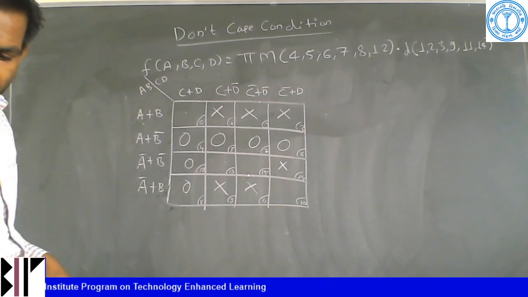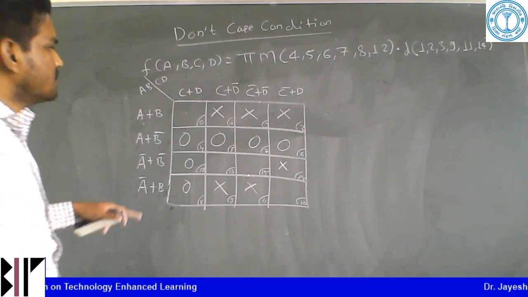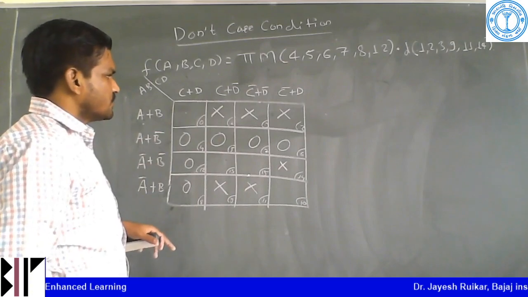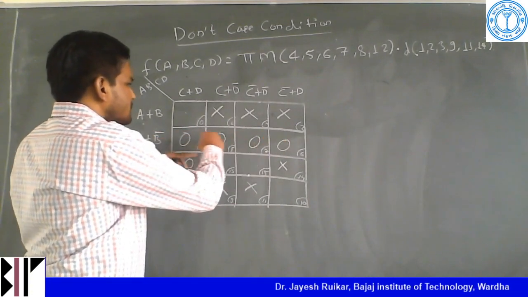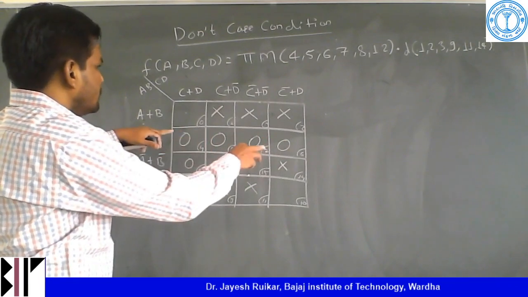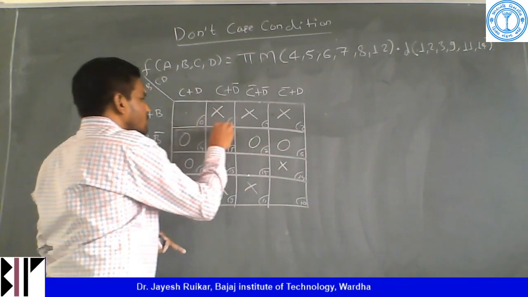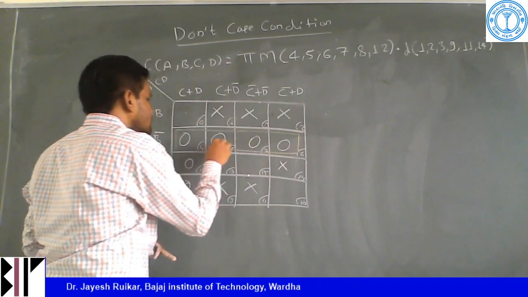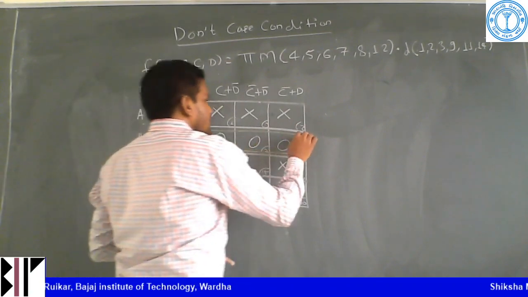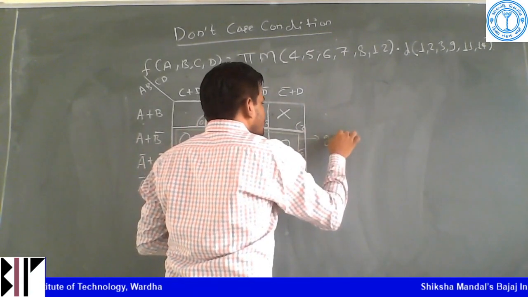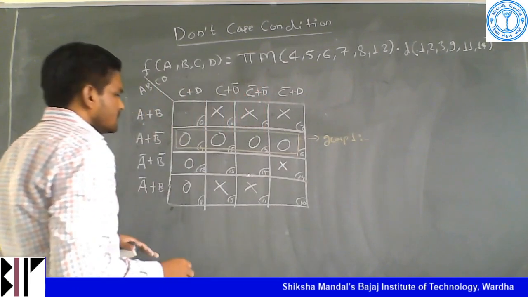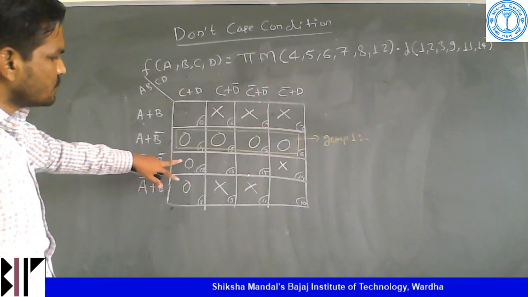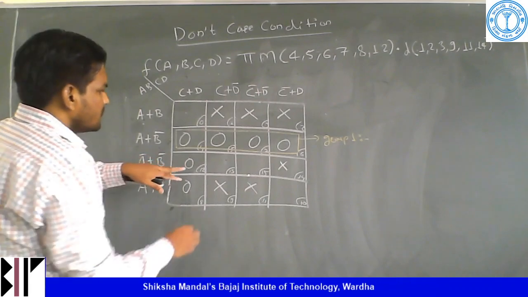Fine. Now we have to group the zeros. So see, these four are already there. These four adjacent zeros can be grouped, and this is my group 1. Now what zeros are left? These two zeros are left.